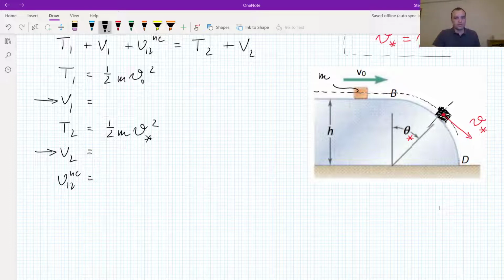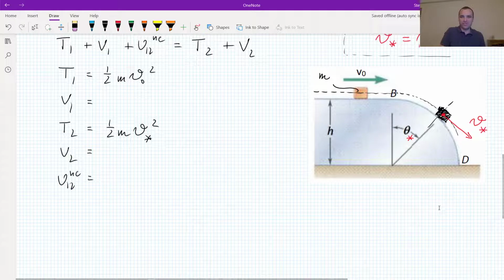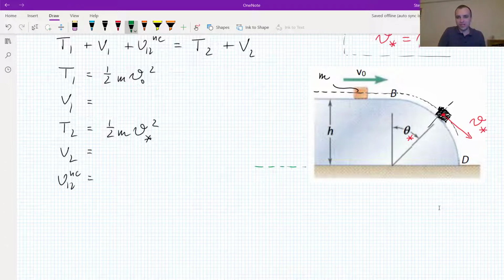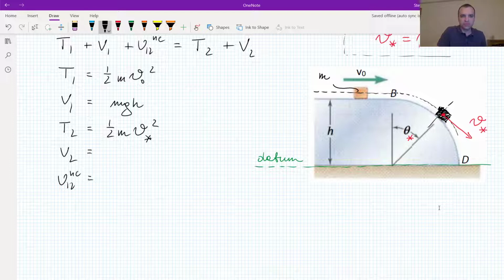Okay, so for those of you who did it correctly, congratulations. And for those of you who just came here to put your notes together, these are the expressions. However, before showing you the expressions, we must specify the datum, right? So I would like to put the datum here on this elevation. This is my datum. So with such datum, we can see that our V1 is mgh, right?